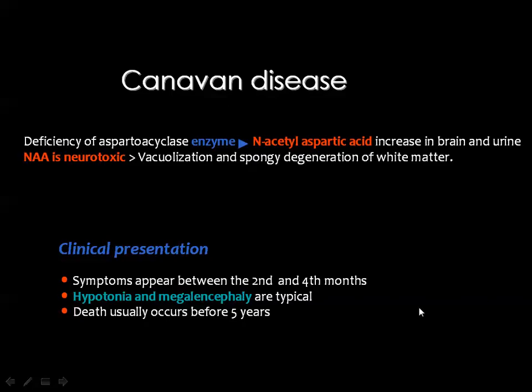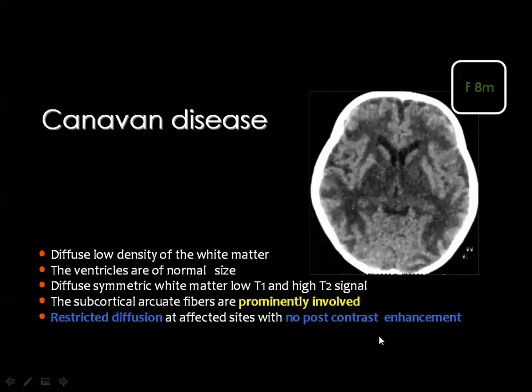Then if you perform an MR spectrum, you get these changes which are seen in the imaging, CT and MRI, and many times you cannot differentiate these changes from the rest of the leukodystrophies.